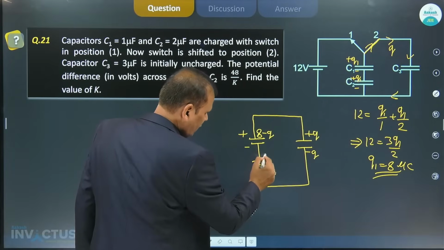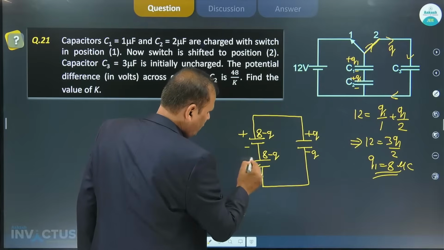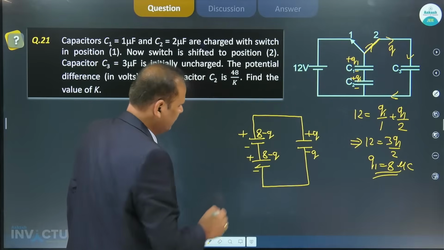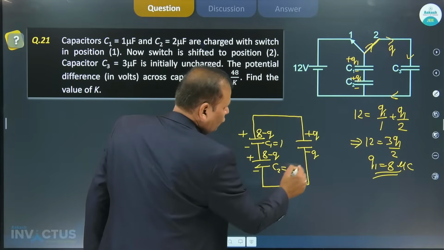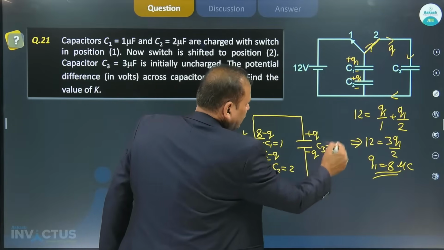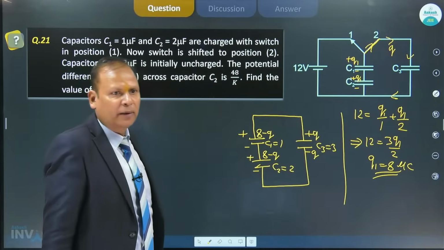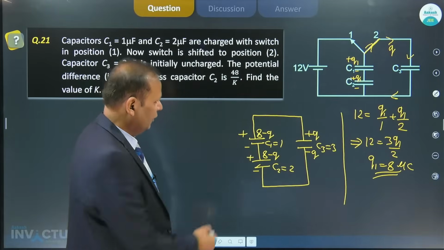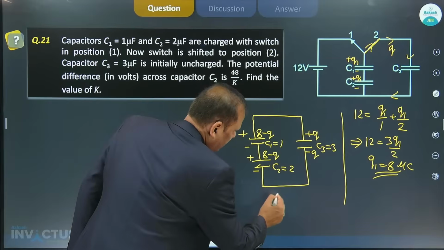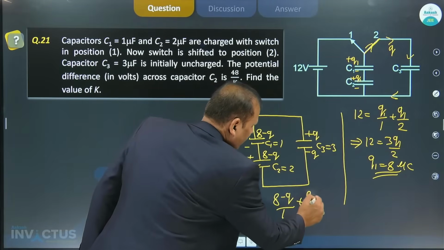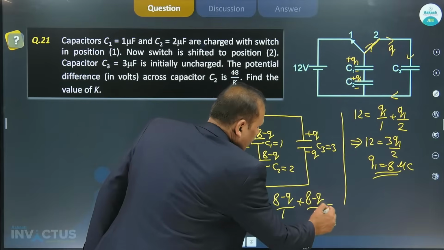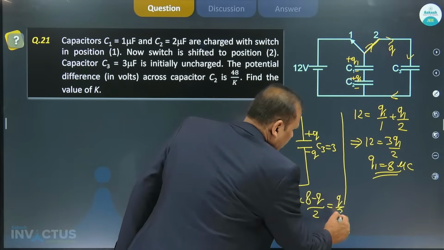Here 8 minus Q, like this. C1 is equal to 1, C2 is equal to 2, C3 is equal to 3. Again apply the Kirchhoff law. You can see 8 minus Q by 1 plus 8 minus Q by 2 is equal to Q by 3.